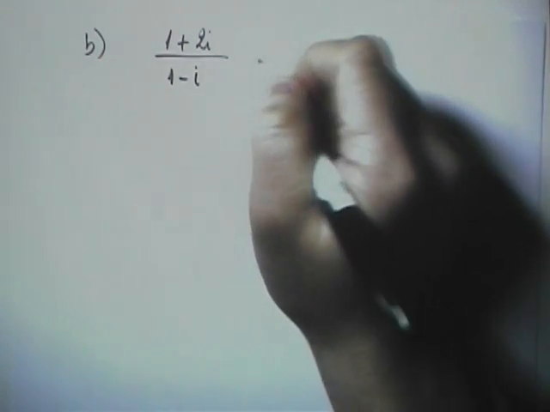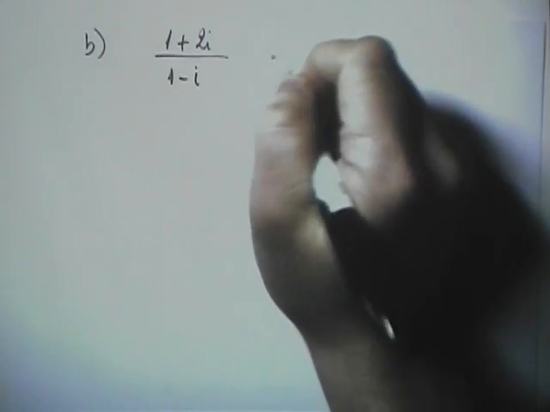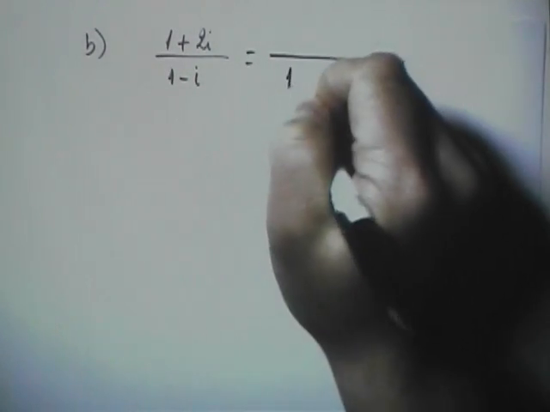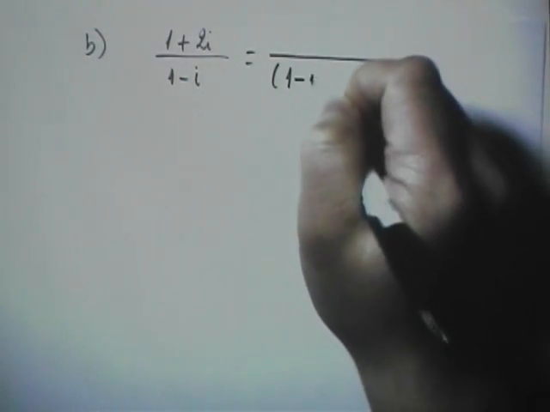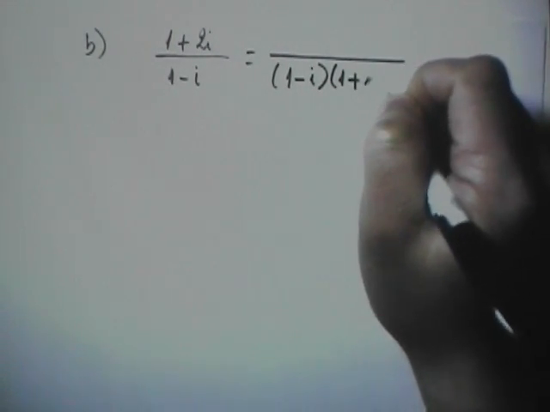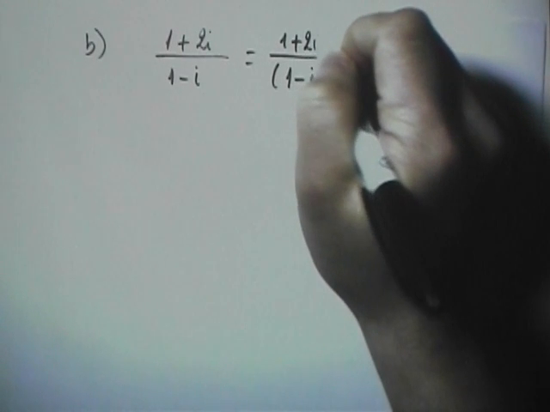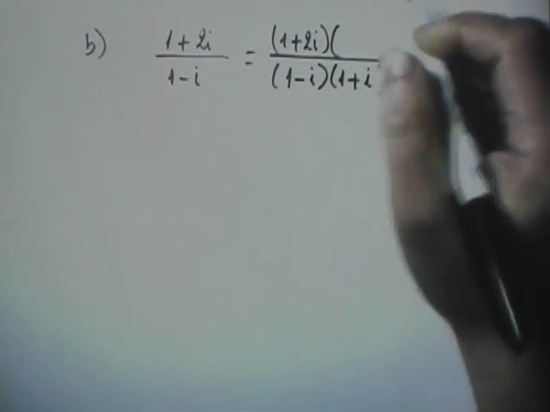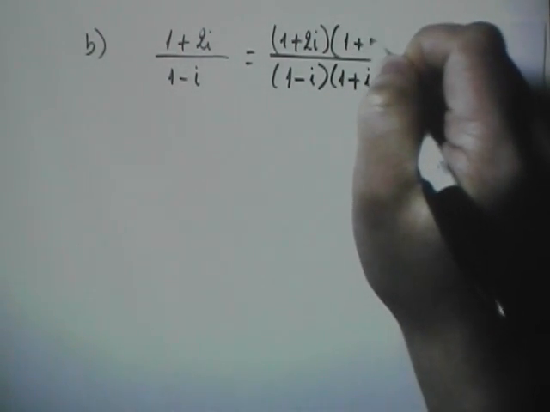The key step at the bottom is that we need to multiply by the complex conjugate of the denominator, so 1 plus i. And you multiply that same 1 plus i quantity to the numerator, so you have 1 plus i on top.